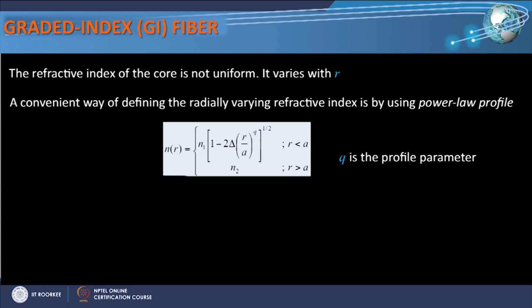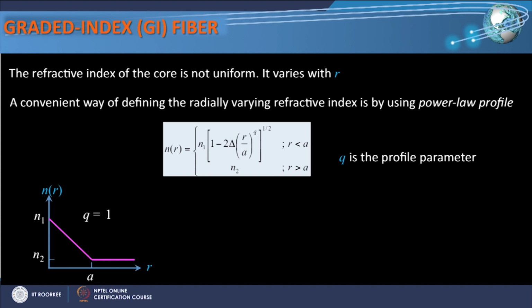Let us see what does it mean. So, if I put q is equal to 1, then the refractive index profile would be something like this. In the core, as you move away from the axis, the refractive index will gradually decrease, and this decrease is linear. This is also known as triangular profile.